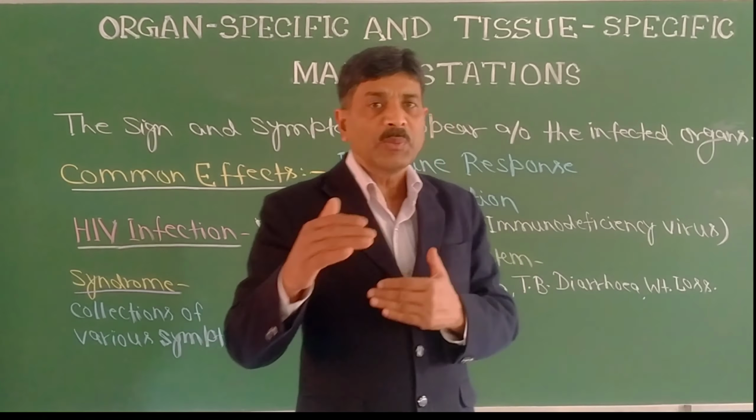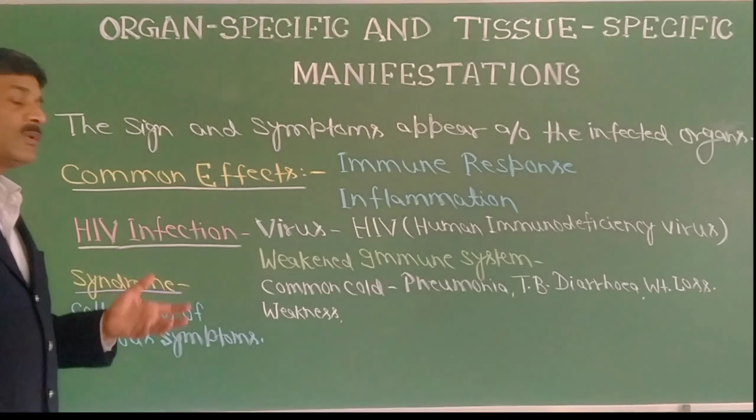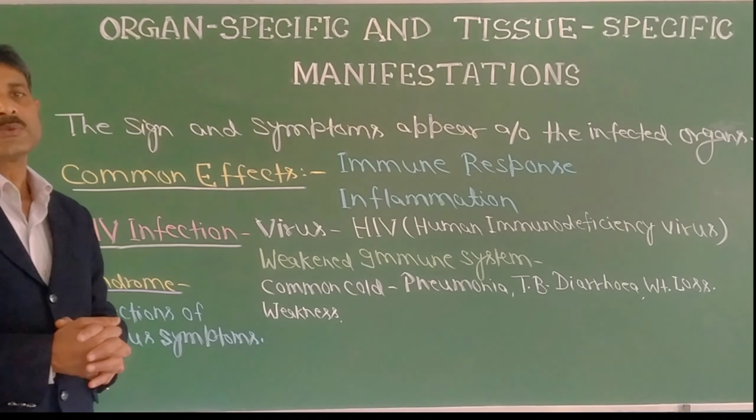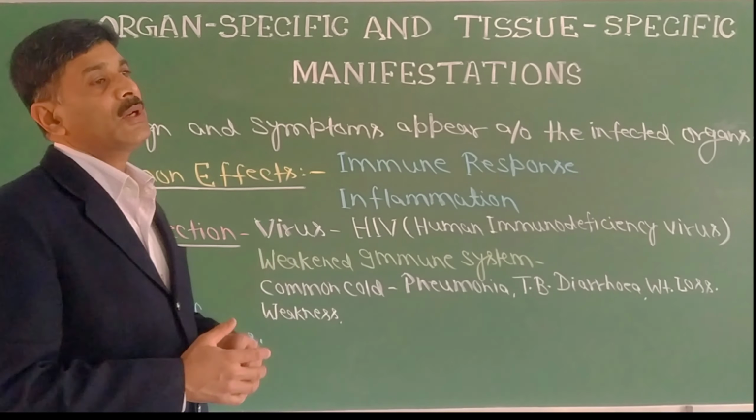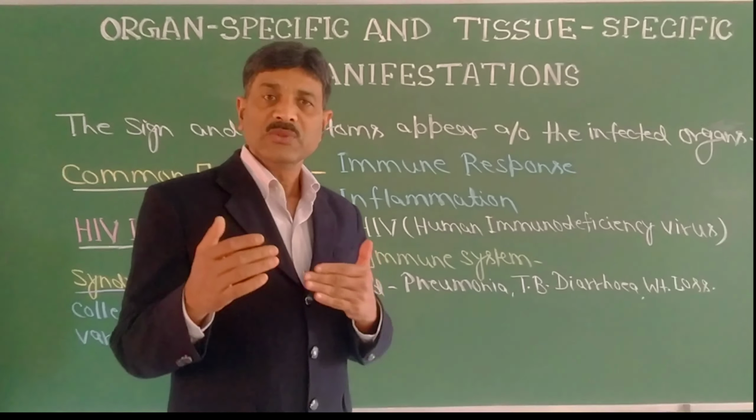If he suffers from a common cold, it will be converted to pneumonia. Common infectious diseases like tuberculosis and diarrhea, he will suffer from. And then what will happen? All these diseases will remain in the body forever because his immune system is weak.